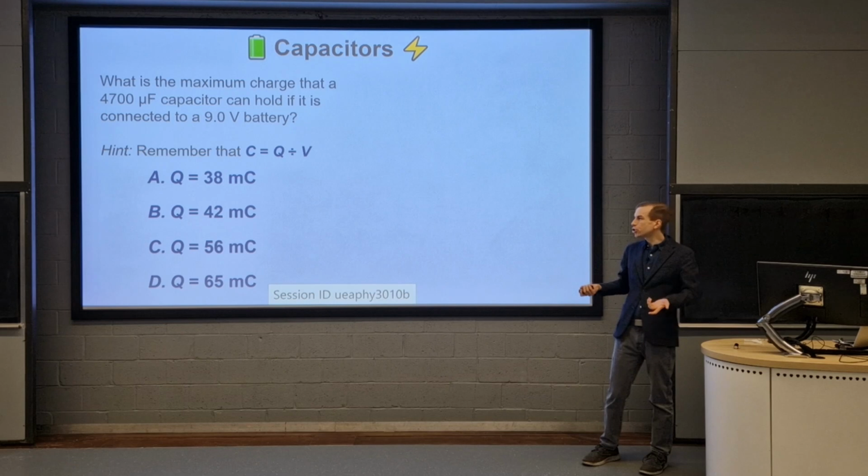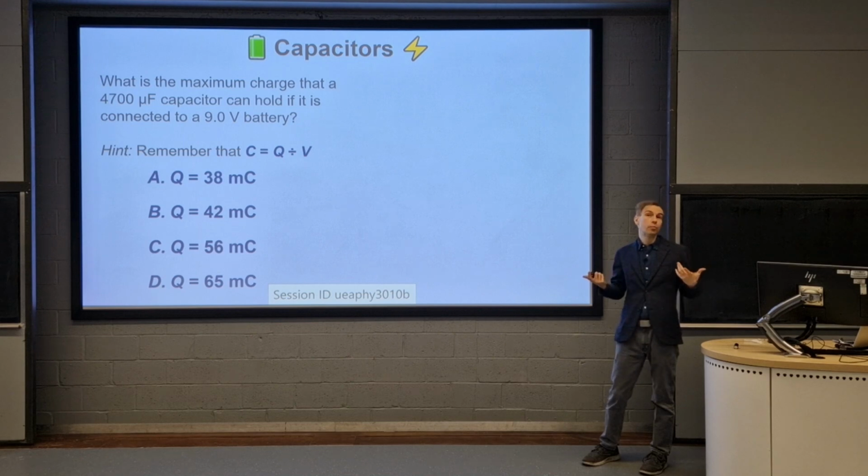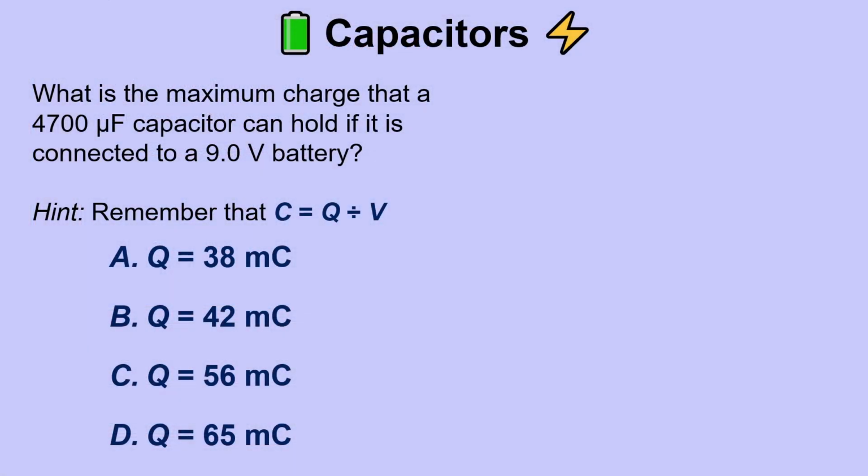So let's think, how much charge are we going to be able to store on our capacitor when it's connected to a 9-volt battery? If you're not sure about this one, you don't need to guess. We know that the capacitance is equal to the charge divided by the voltage. We know the voltage and we know the capacitance, so we just need to rearrange that equation, solve for Q, and see what we get.